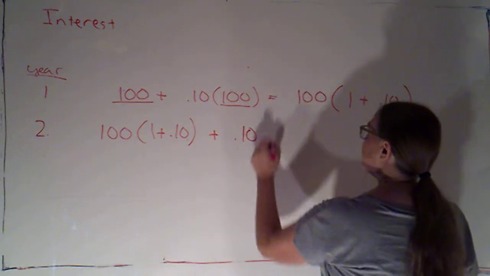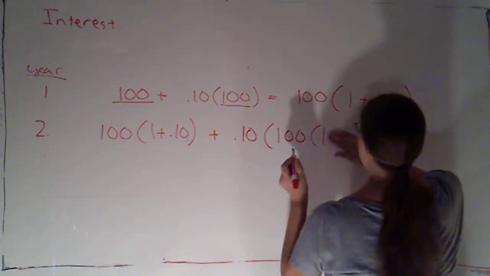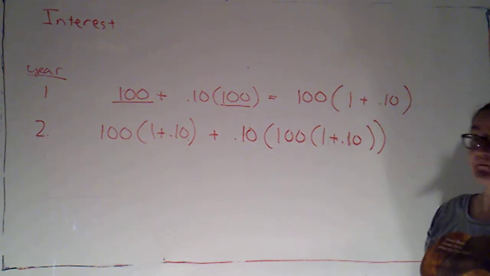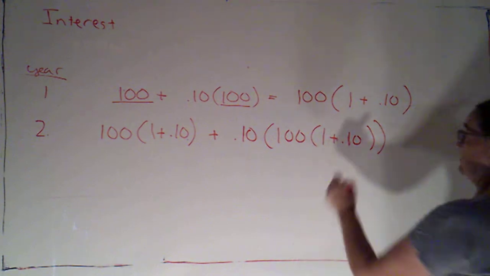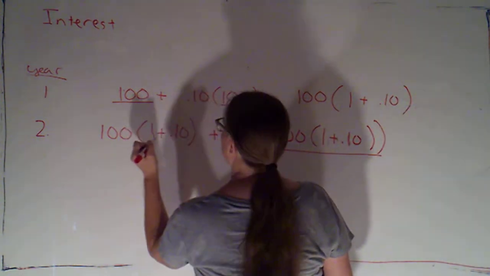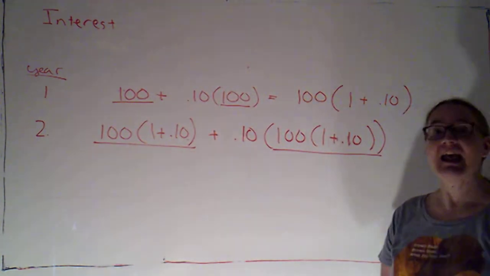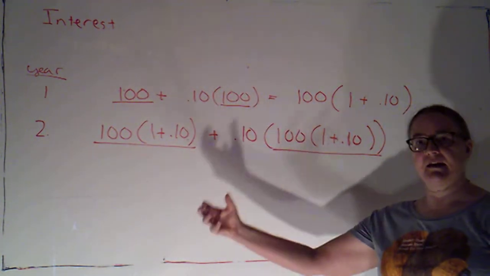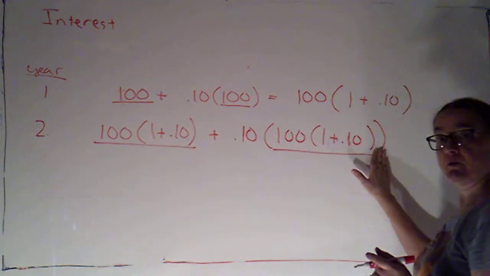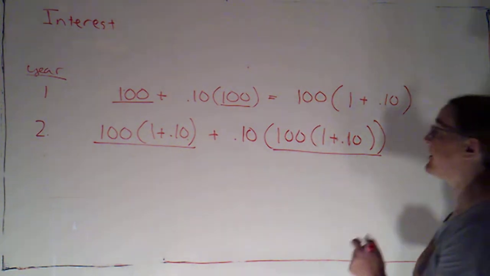So 0.10 times 100 times 1 plus 0.10. Now, this right there, that 100 times 1 plus 0.10, that was the value at the end of the previous year. Notice that shows up in both terms. So if I wanted to, I could factor that out.